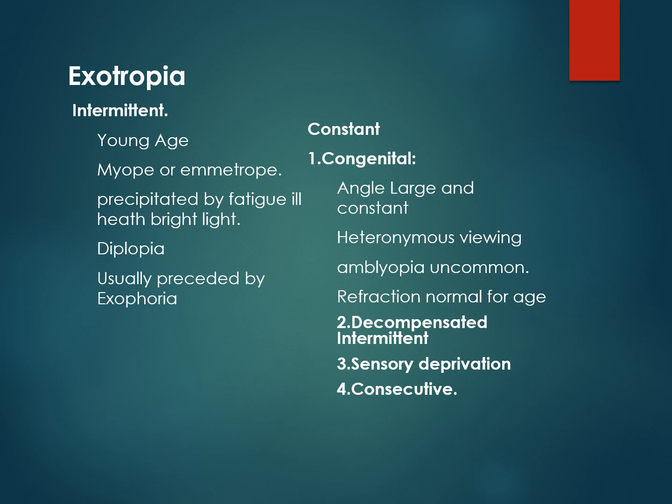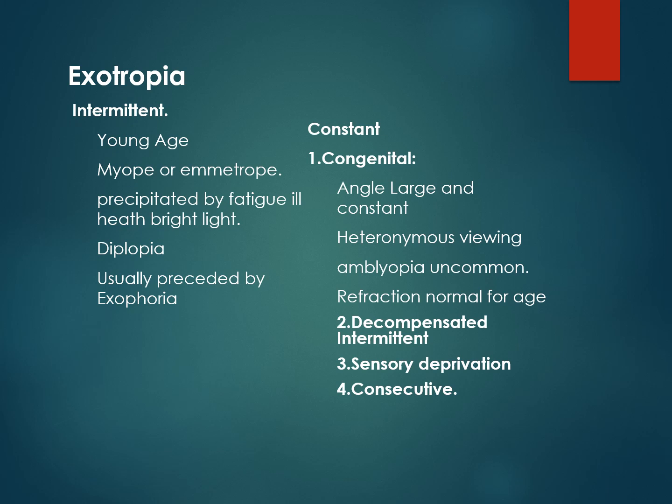Number 2, decompensated intermittent, means that after a phase of episodes of intermittent exotropia, this becomes constant. Number 3, sensory deprivation. After the age of 5 years, if there is visual loss in one eye, that eye assumes the resting position of the eye, that is in exoposition, and exotropia results.